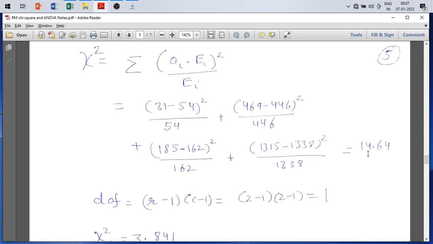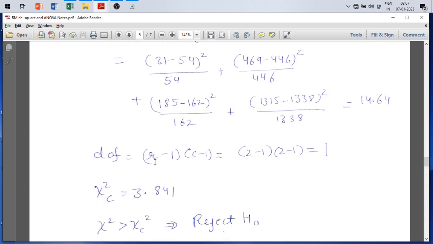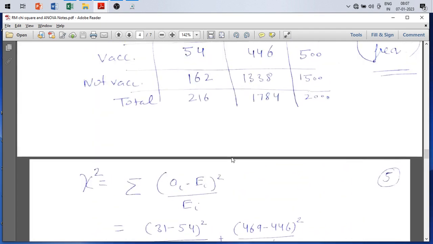Now we also have to look at the degrees of freedom, and the degrees of freedom here will be number of rows minus 1 multiplied by number of columns minus 1. So it becomes 2 minus 1 times 2 minus 1. It just becomes 1. And the reason for this is the following.